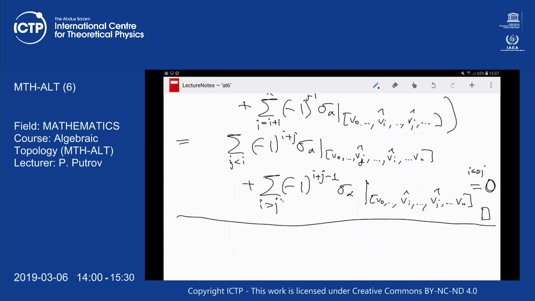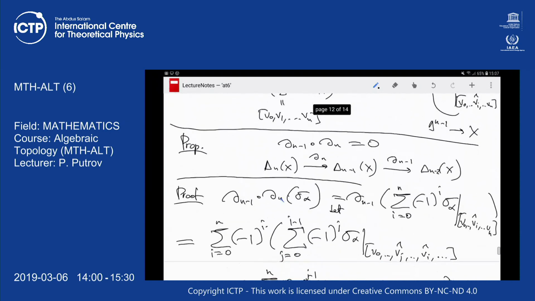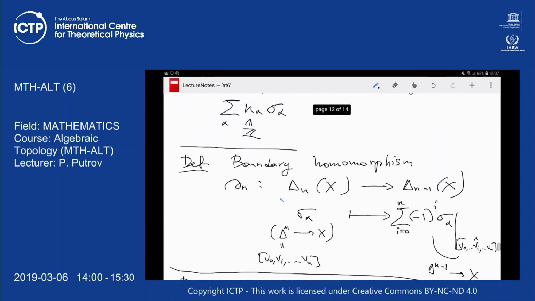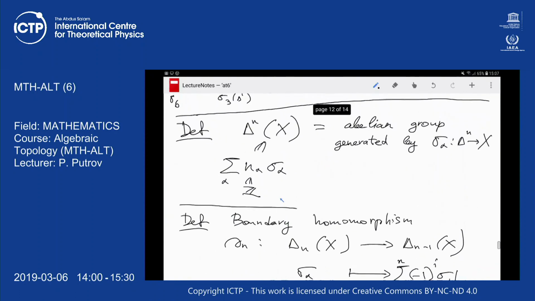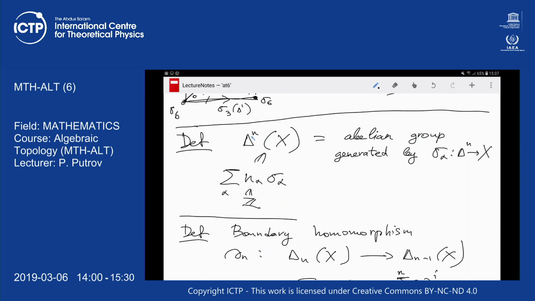Sorry, in the group we define, delta n of X, is this just the free abelian group generated by the sigma n, or? Yes, just the free abelian group generated by all maps sigma. Here we define it for fixed n, so these sigma alphas are maps with delta of this fixed n.